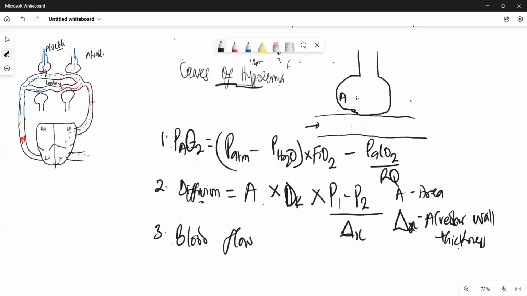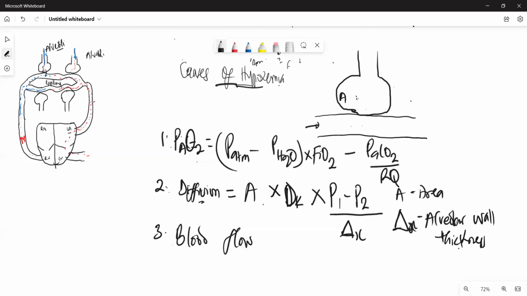Having said that, I want to quickly review how blood flows from the heart into the lungs. The blood coming from the superior vena cava and inferior vena cava goes into the right atrium, then from the right atrium to the right ventricle. That blood is deoxygenated, meaning it has low oxygen in it.